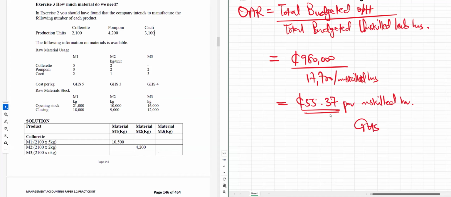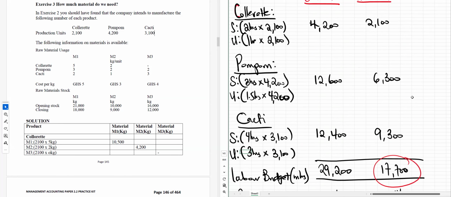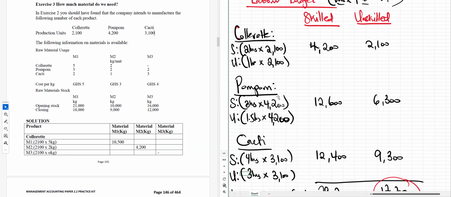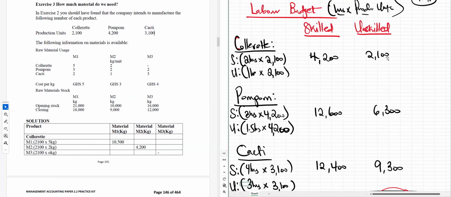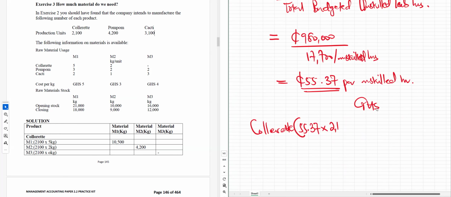So that means for Colorette, it will be 55.37 by 2,100.